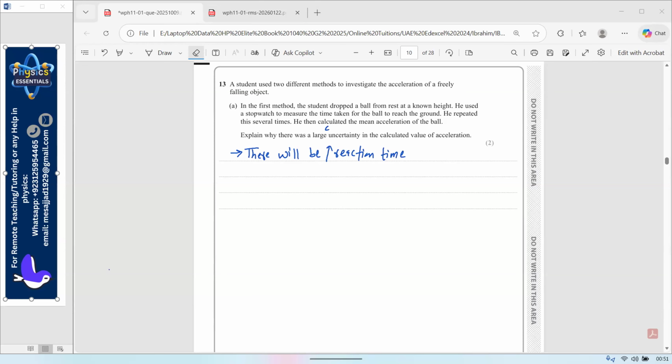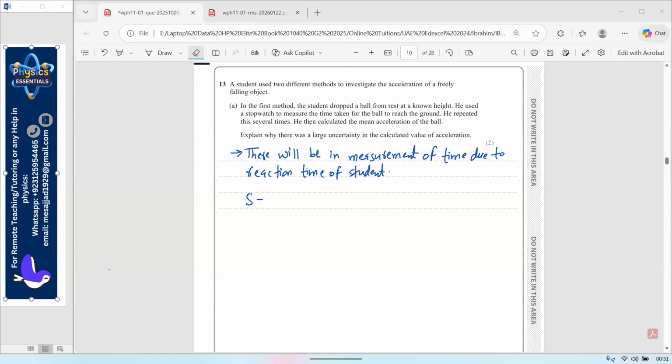There will be error in measurement of time due to reaction time of student.